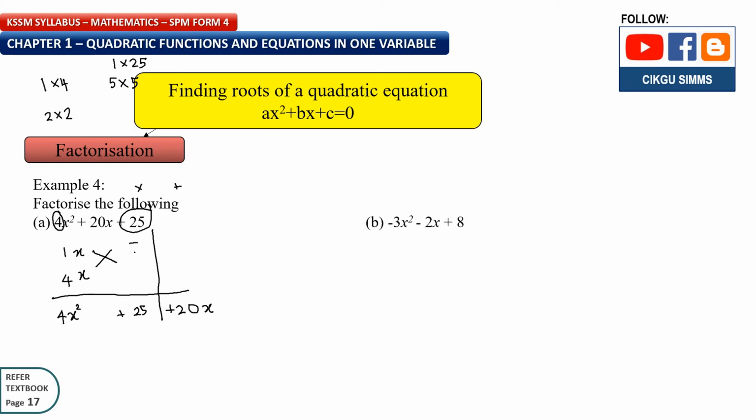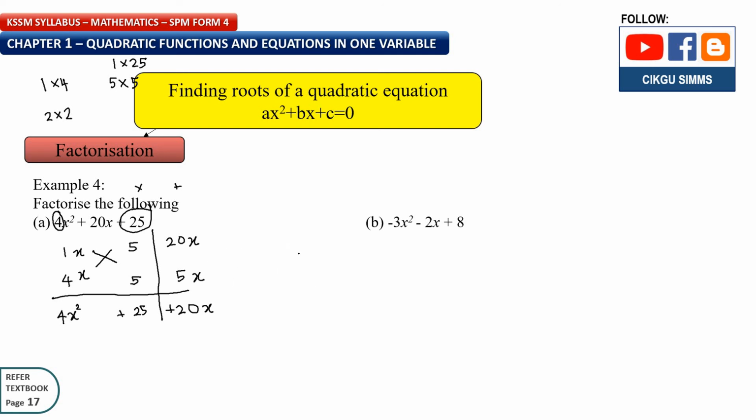Okay, I choose 5, 5. 5 times 5, 25. 1x times 4x, 4x squared. And then we test 5 times 4x is 20x. 5 times 1x is 5x. Okay, and then 20 and 5, you cannot get 20, right? So this is wrong.